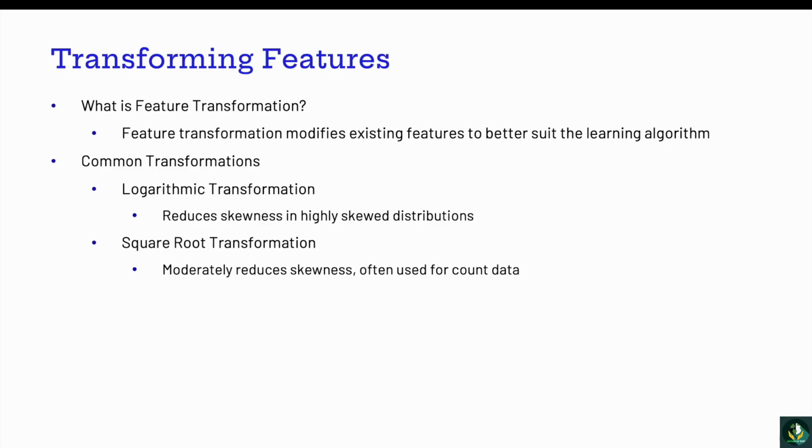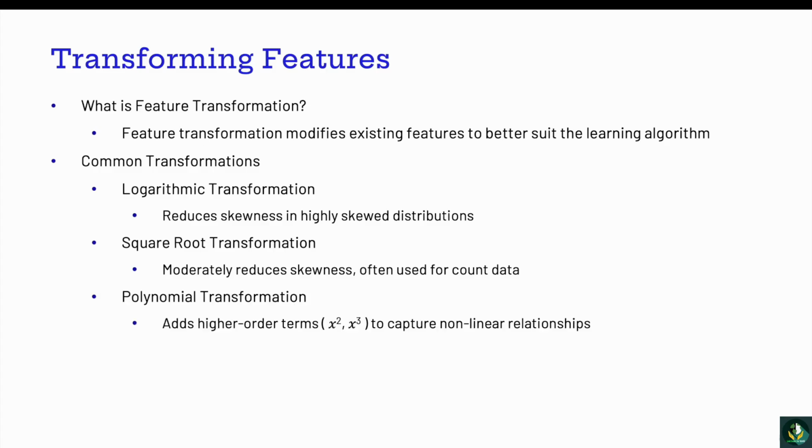An example is applying root of x to event occurrence data. Then we have polynomial transformation, which adds higher order terms, x square, x cube, to capture nonlinear relationships. An example can be including x square when the relationship between features and target is quadratic.